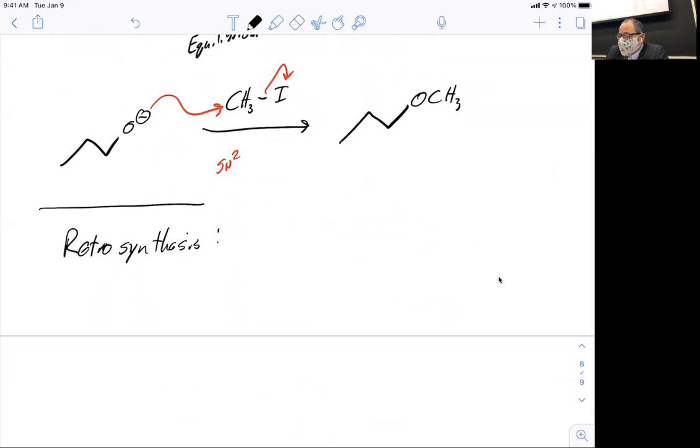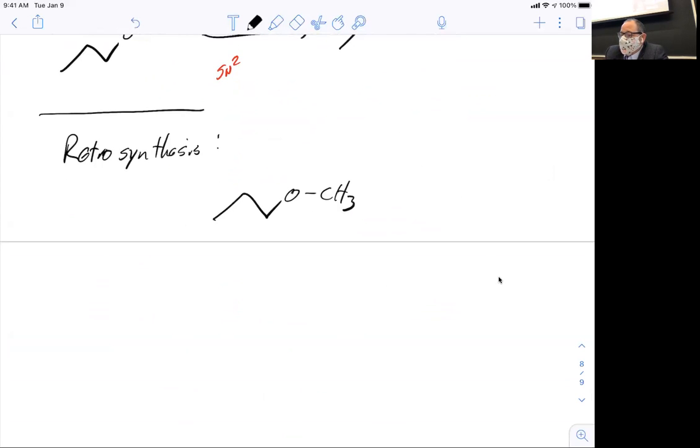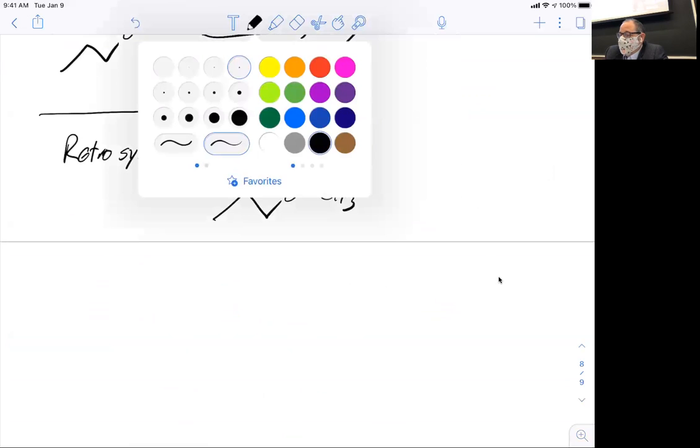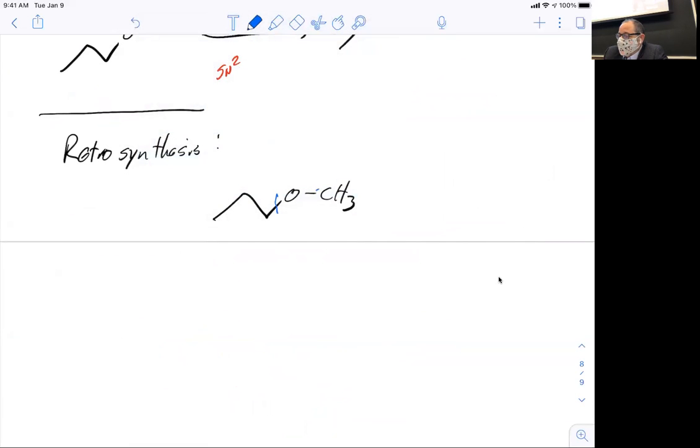Retrosynthesis, if we had been trying to make this one, we've actually got two ways to think about this. With the Williamson ether synthesis, I've got two bonds to oxygen.